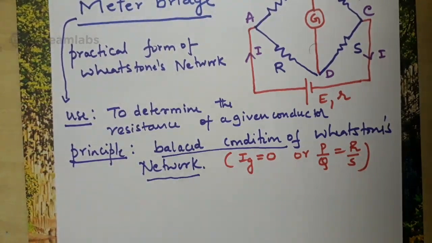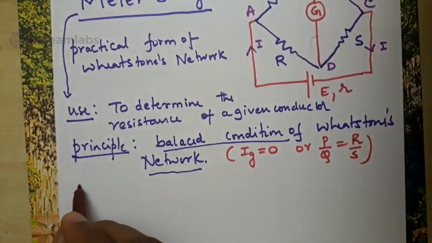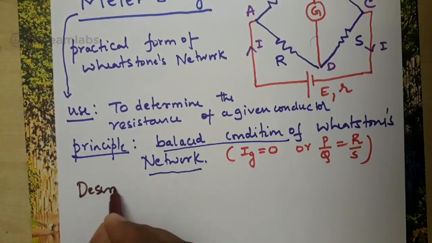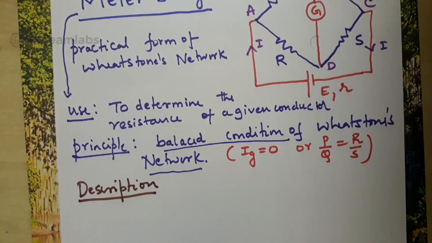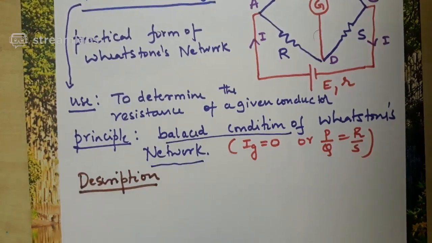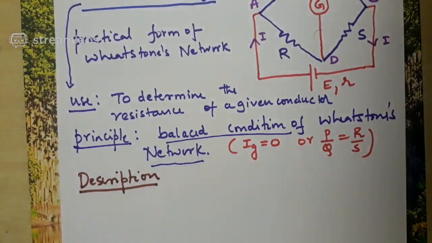Next question is, what is this meter bridge? Let me describe what exactly it contains. So listen carefully. This year in physics practicals you have two experiments which are performed using this instrument called meter bridge. So listen carefully, it is very helpful for your practical classes also.